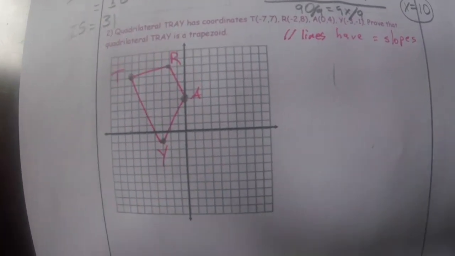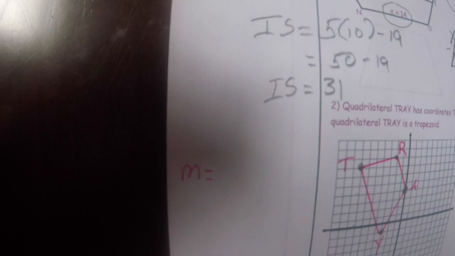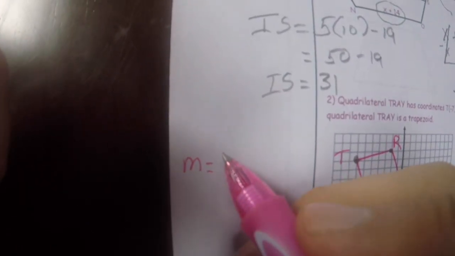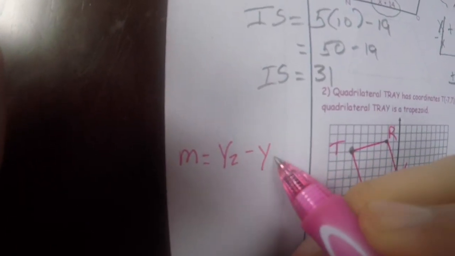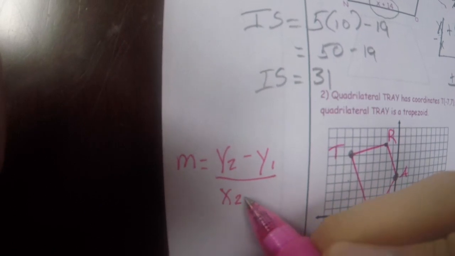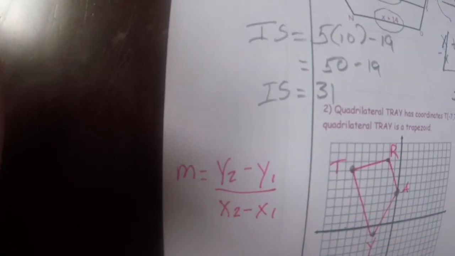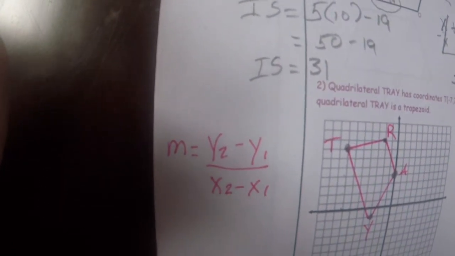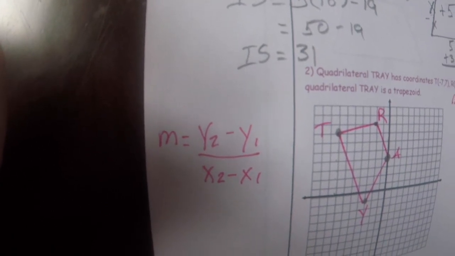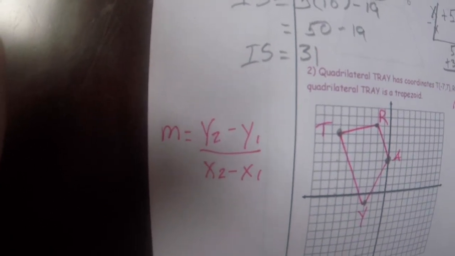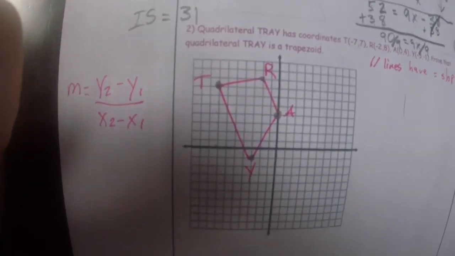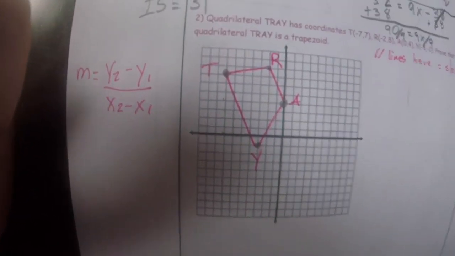So remember the slope formula. The slope formula is m, which is the letter that we use for slope, equals y2 minus y1 over x2 minus x1. And the x's and the y's are the coordinates of the points. Remember, with these coordinate proofs, guys, I like you to stay organized.